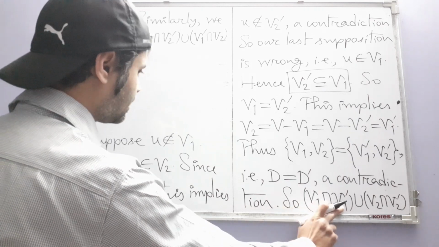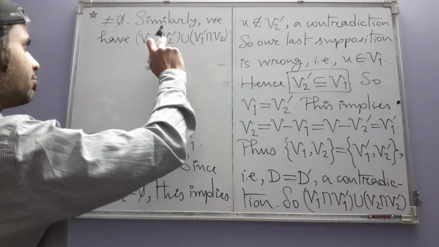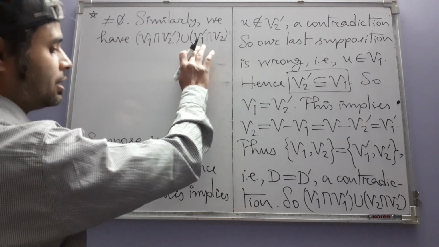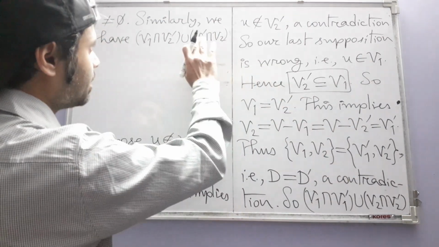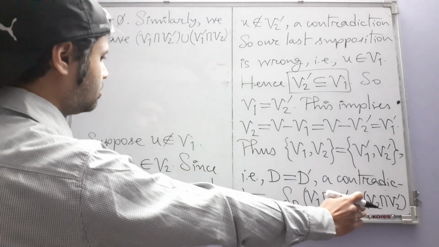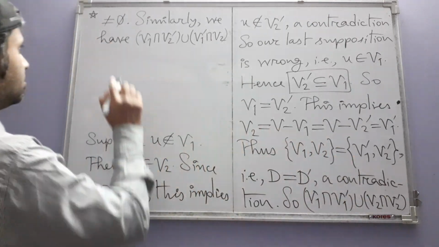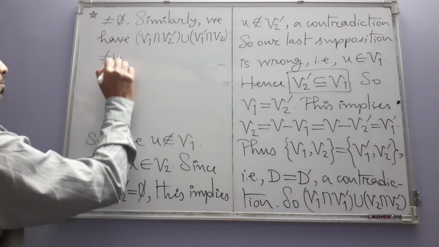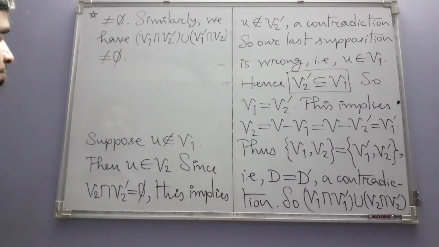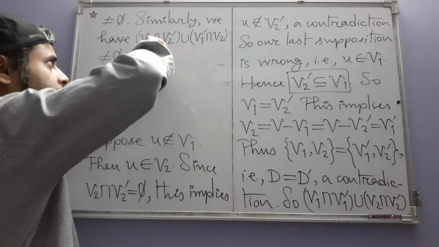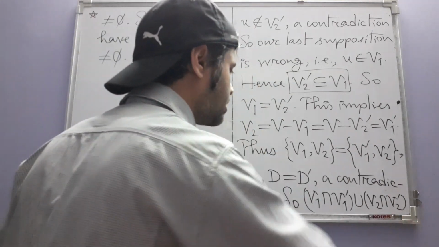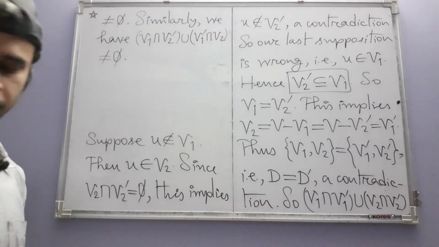Here with V1 I have taken V1 prime, here with V1 I have taken V2 prime. So with V2 I am taking V1 prime, there I took V2 prime. Okay, so this is also non-empty. Our next job is to show that taking the union of these two sets I get V.